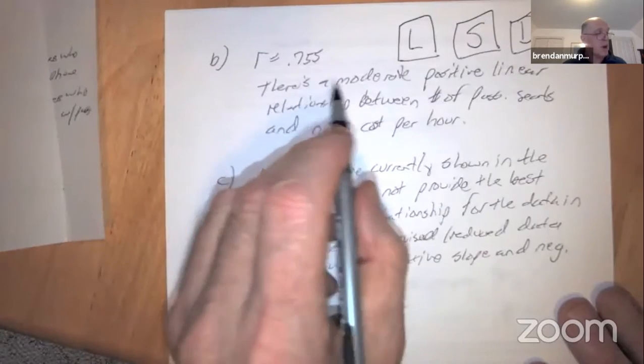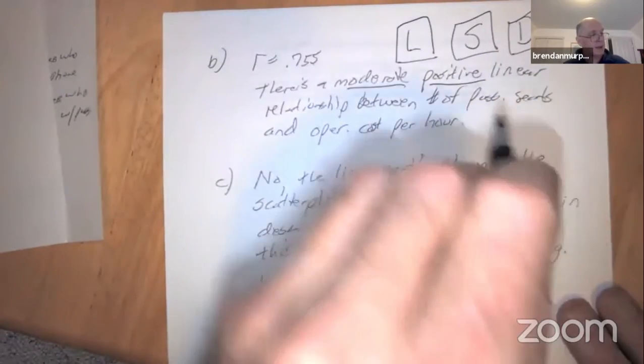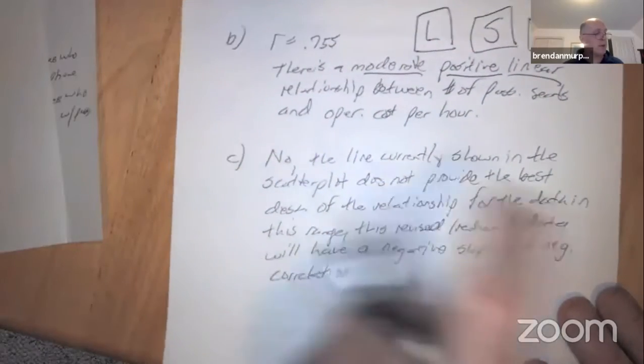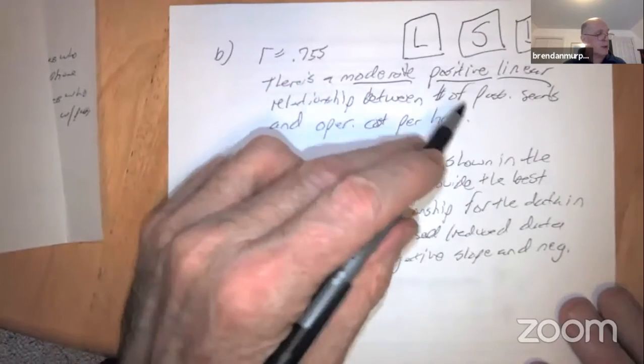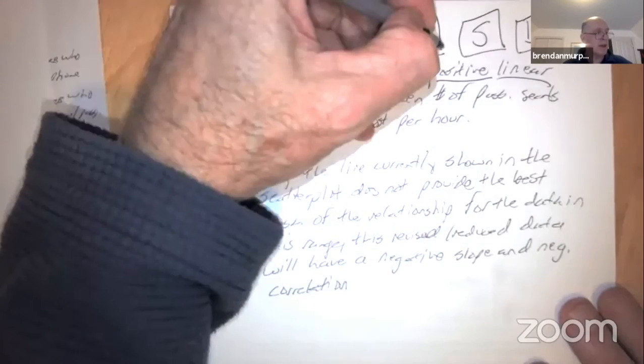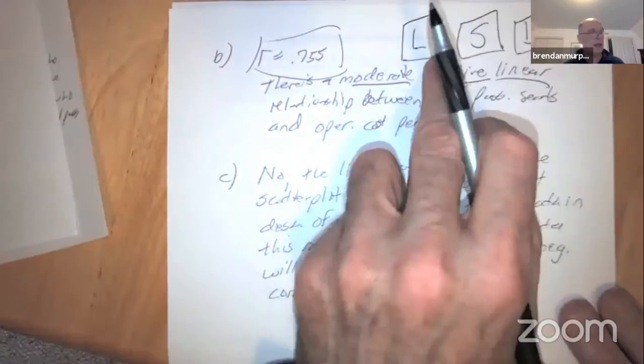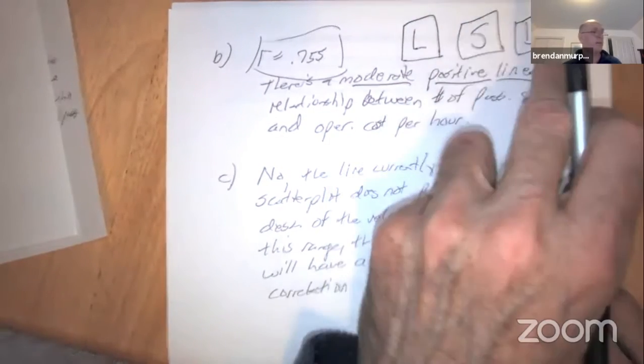So I said there is a moderate, there's my strength, positive, there's my direction, linear relationship, there we go, three words in a row, between number of passenger seats and operating cost per hour. Just remember, the reader is going to be looking for the number, of course, but also you talk about linearity, strength, and direction.